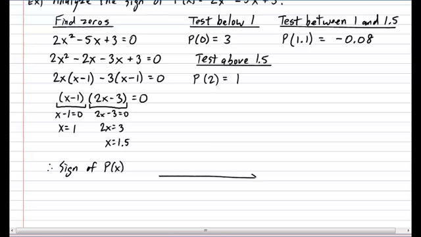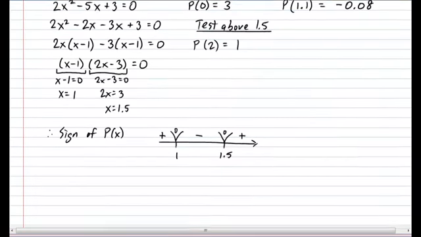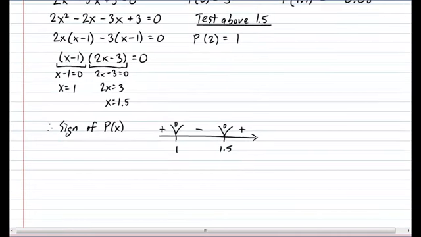And let's put the results of our testing. Anything less than 1 will give us a y value that is positive. Anything that is between 1 and 1.5 will give us a value that is negative. And anything that's beyond 1.5 will give us a value that is positive. So, how'd you guys do? Excellent. Alright, I would like you to try just one more, so please bear with me.